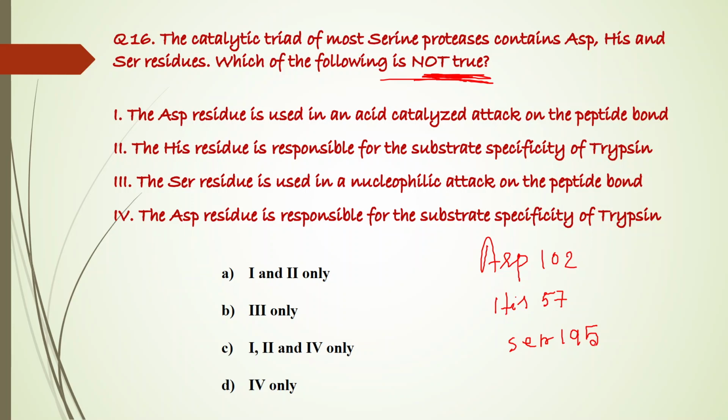So aspartic acid as such has no direct role in case of chymotrypsin or serine proteases type of enzymes. It only has one role, that is to fix the position of histidine. Okay, so the first statement which states that aspartic acid is actually in an acid catalyzed attack is wrong. Basically it does not have any active participation in the whole enzymatic process. So the first statement is obviously wrong. So we have identified our first non-true statement.